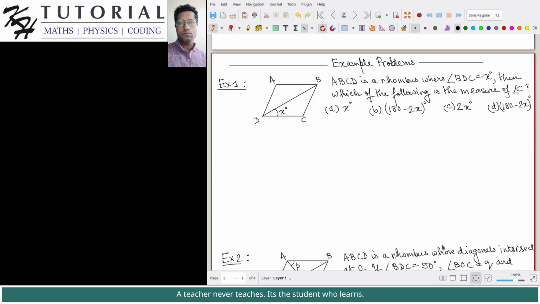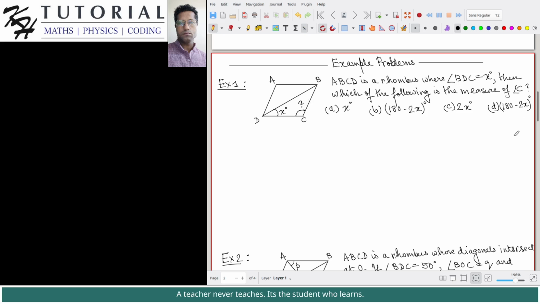The first problem says that ABCD is a rhombus where angle BDC is x degrees. Then which of the following is the measure of angle C? So ABCD is a rhombus, angle BDC is given. It is asking to find the angle C in terms of x.